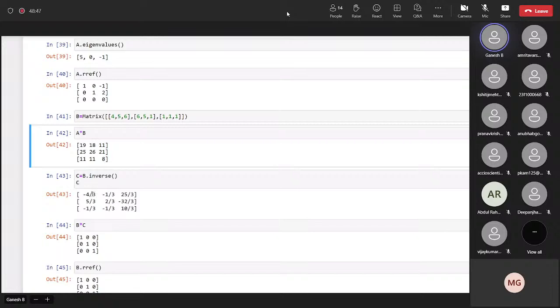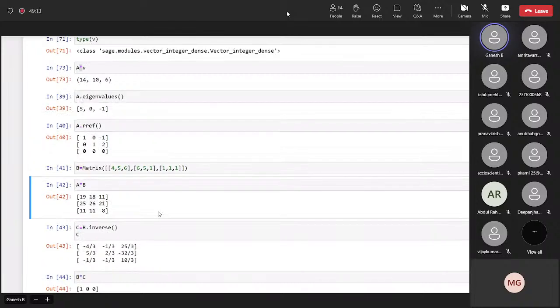And again, see that it shows it as fractions instead of floating point numbers, something like minus 0.33333. It shows it as a fraction, and it's very easy to work with this. If you want to work by hand from this point, you can just retrieve the fractions instead of trying to deal with the floating point numbers.